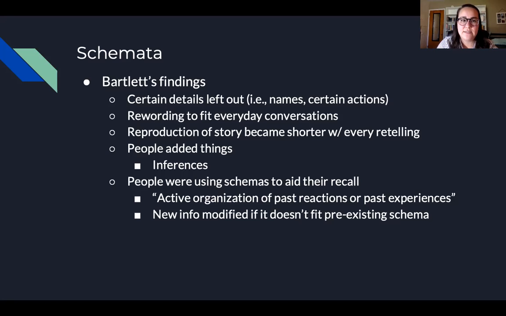He defined it as this active organization of past reactions or past experiences, and that these can help guide our processing of information. And so here, if new information is presented that doesn't fit a certain schema that we have, then oftentimes we will change that. We'll modify that information so that it does eventually fit in that schema.